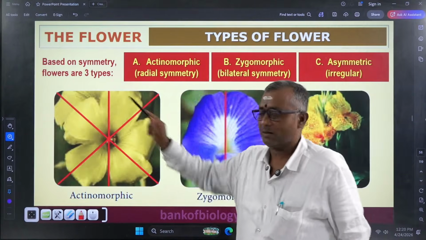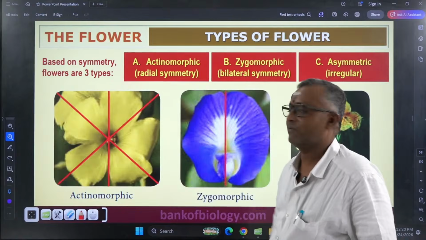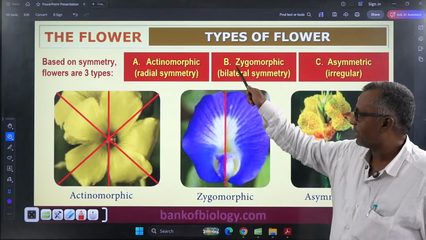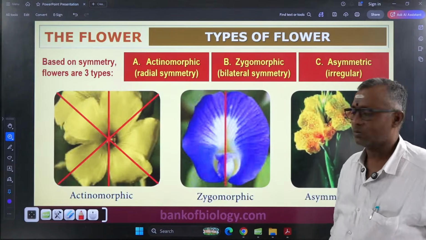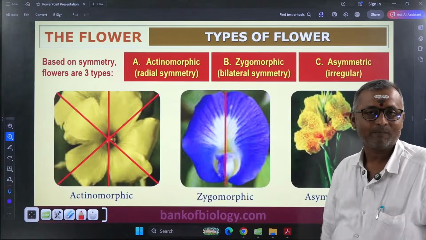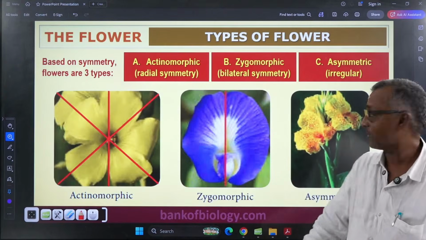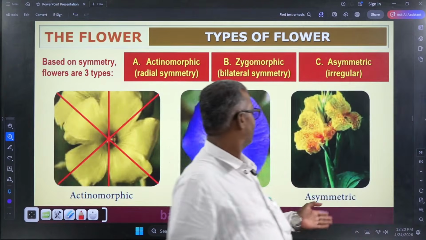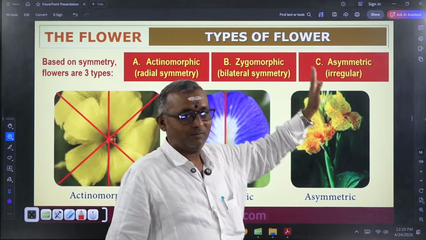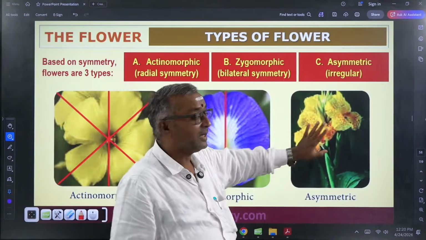In any plane you can cut, hence it is called actinomorphic or radial symmetry. Now take this flower, it can be cut into two equal vertical halves only in one plane. You cannot cut it into two equal halves in this plane. This is called zygomorphic. Now look at this. You cannot cut this flower into two equal halves in any plane. Hence it is called asymmetric.